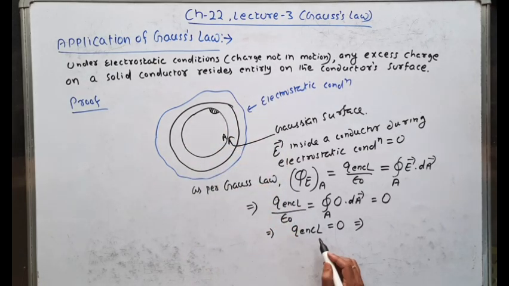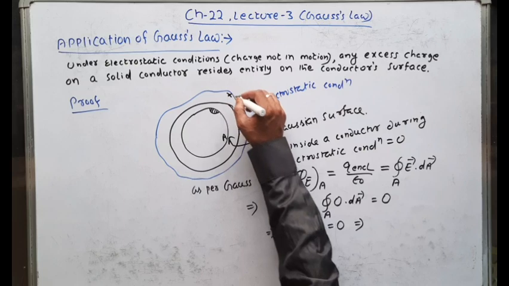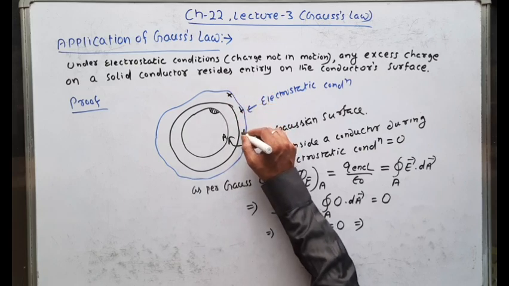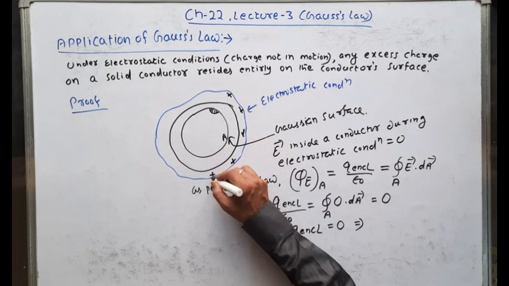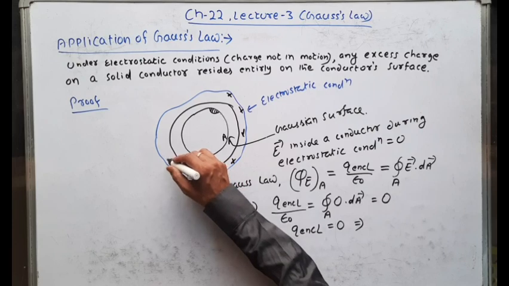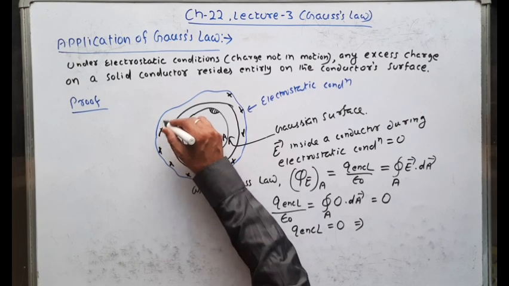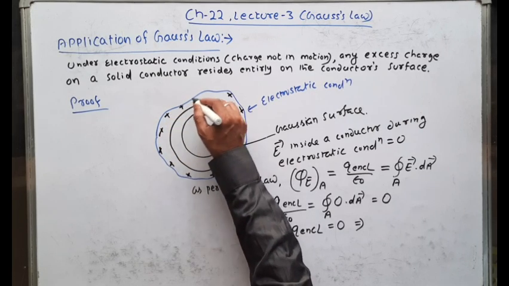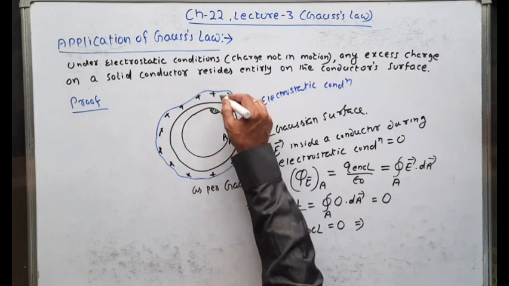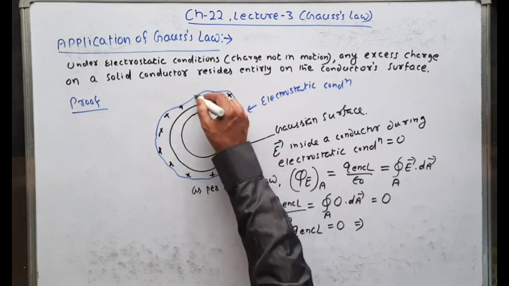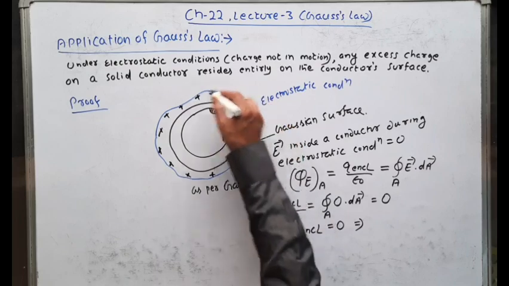Then where will that charge be? If we give the extra charge, where will it reside? It will reside on the surface of the conductor. That means no charge will come inside the conductor. All the charge will reside on the surface.